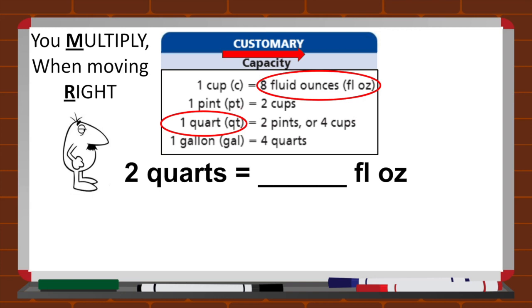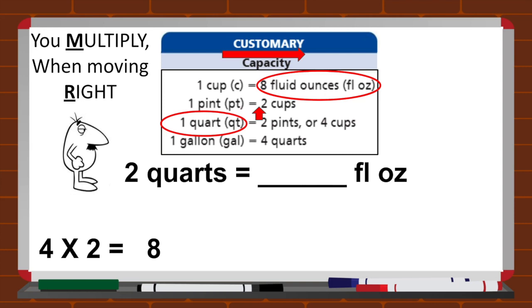so please watch. We start with 2 quarts. We are moving right, so we are going to multiply by 2. So 2 times 2 is 4. But we are not done yet. We have not climbed at all. So we have our 4, and now we have to climb up. So we are going to multiply that 4 by 2.